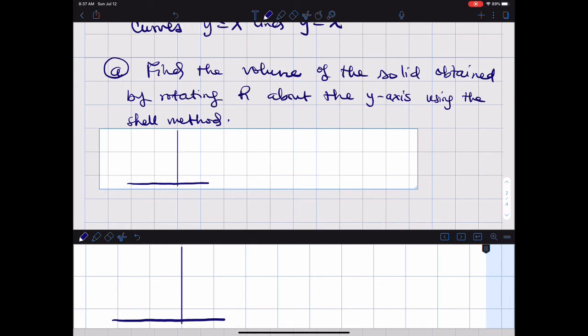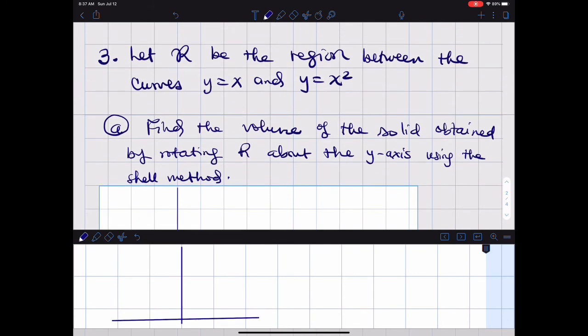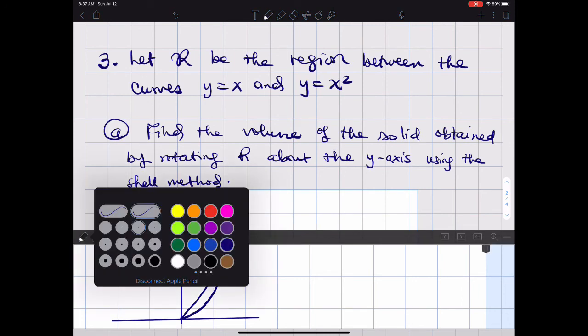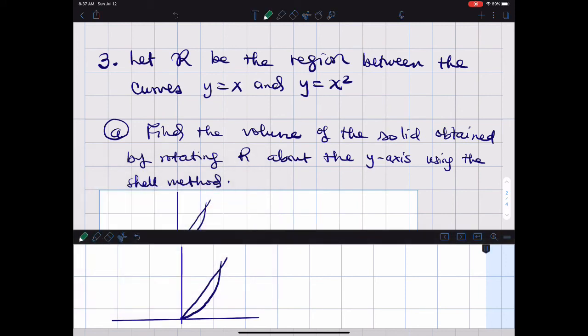All right, so we have the y-axis, x-axis. So R is a region bounded by y equals x and y equals x squared. Let's call this region R, I'm going to call it the green region.